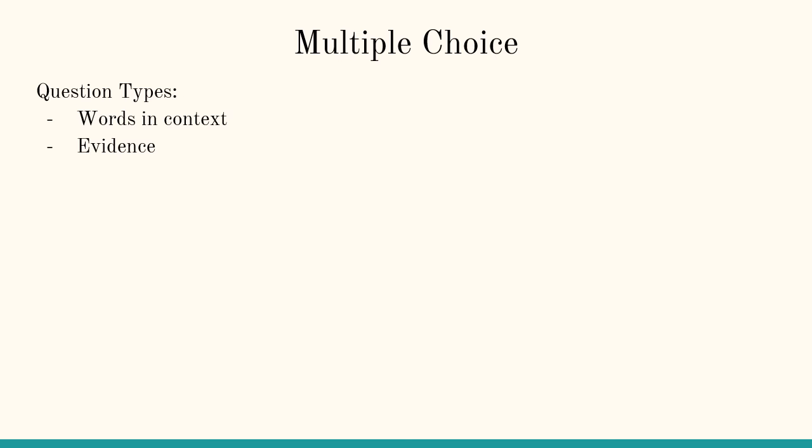There's a question about characterization. So figuring out, based on how a character speaks or thinks or acts or responds, what their personality traits or character traits may be. And finally, analyzing the significance of an event to the overall plot of the story.